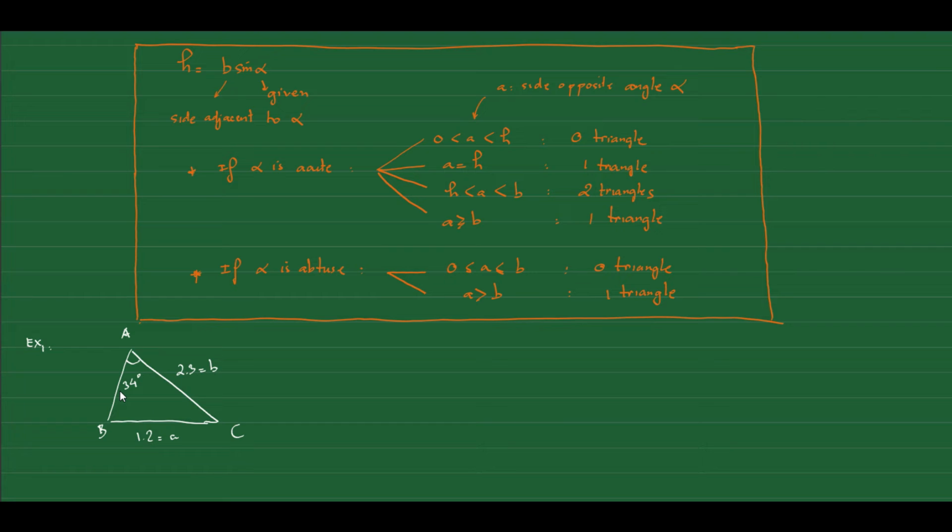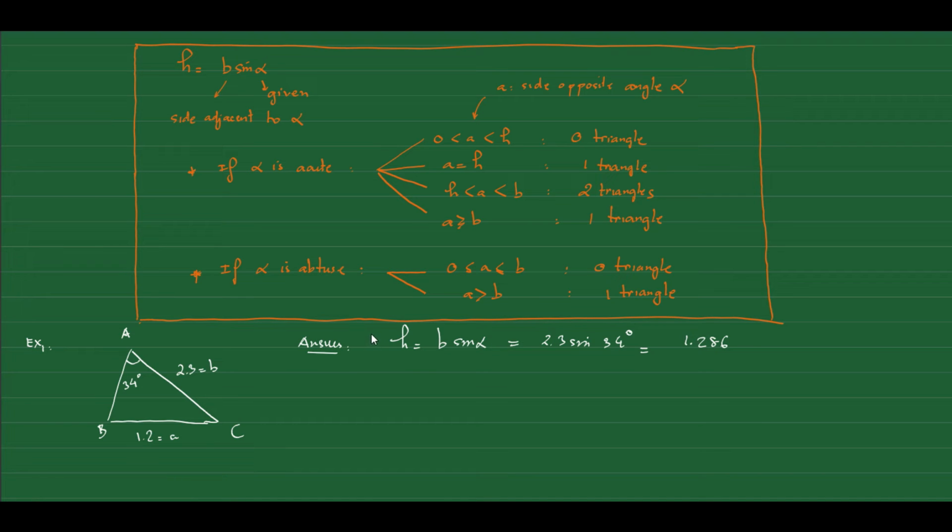So we need to calculate the h value, which is b sine alpha. So b over here will be 2.3 sine of 34 degrees. You calculate this out, which gives you 1.286.